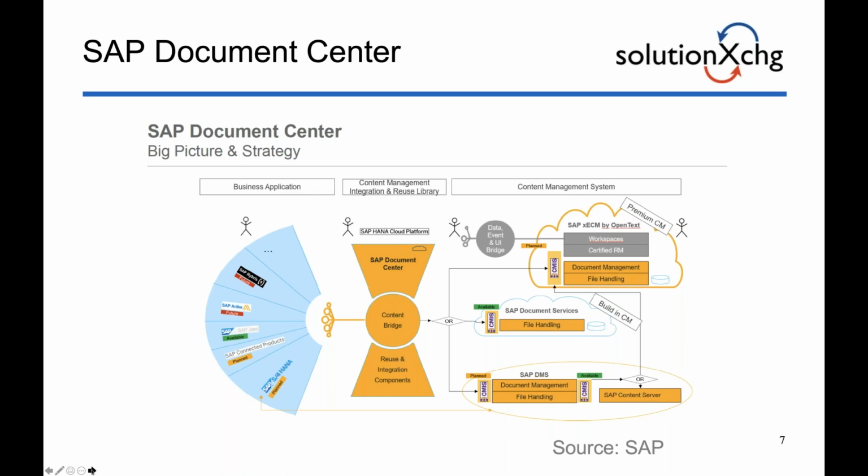However, SAP also enhances their offering as far as document attachment, including some of their cloud solutions, for example, Concur or Ariba or SuccessFactors. They can actually exchange documents through a CMIS interface with different content management platforms.